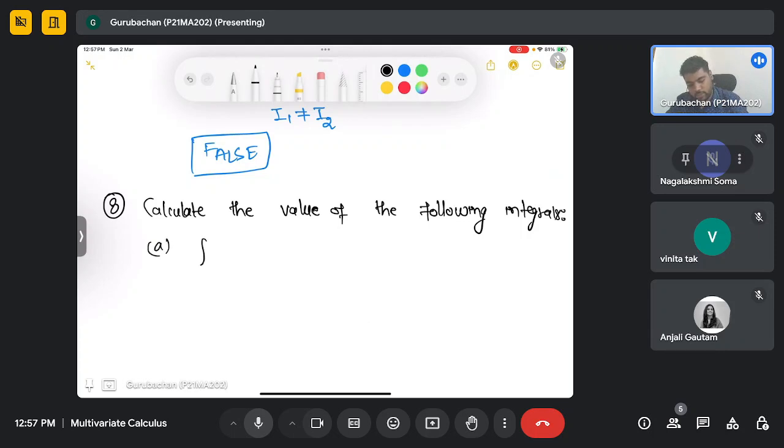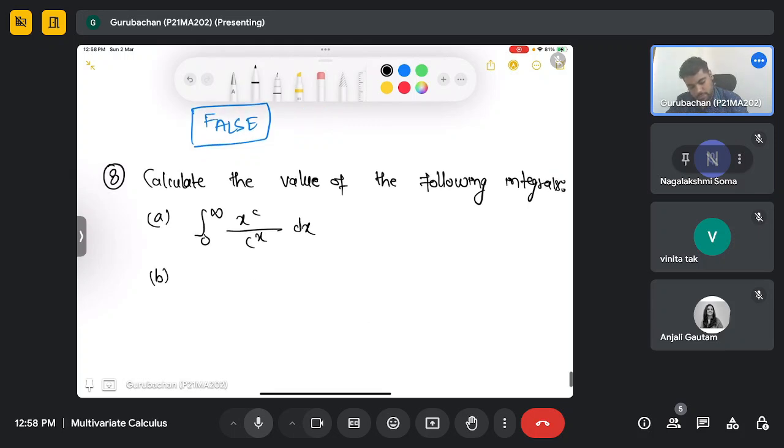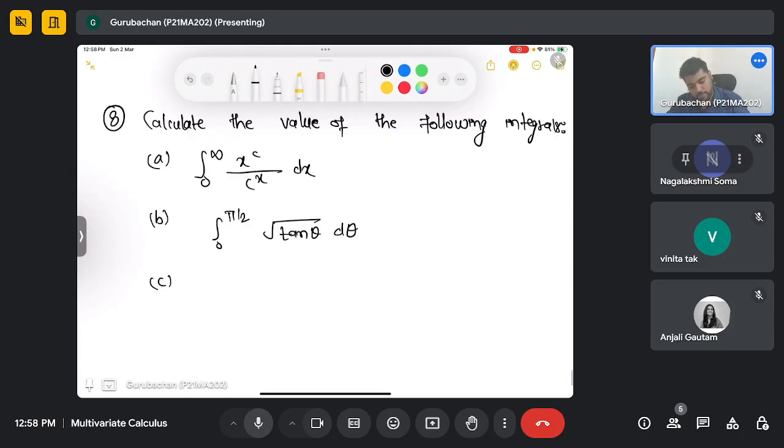In the first part, we need to calculate 0 to infinity x to the power c divided by c to the power x dx. In the second one, we need to calculate 0 to pi by 2 under root tan theta d theta. And in the third part, 0 to pi by 2 under root cot theta d theta. So we need to calculate this integral.